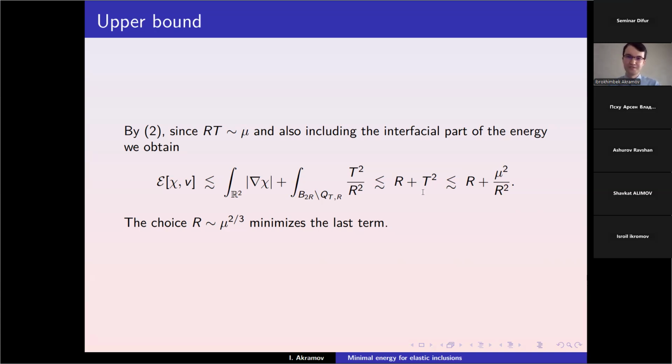It's less than a constant multiplied by r plus t squared. Yes, correct. This constant is not necessary to be equal to 1.